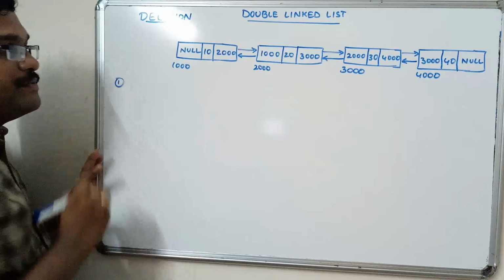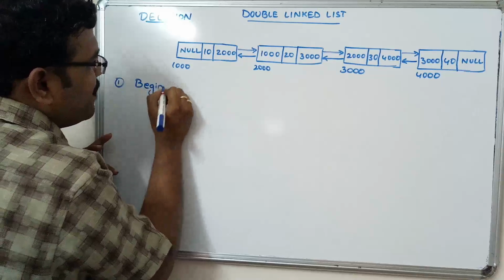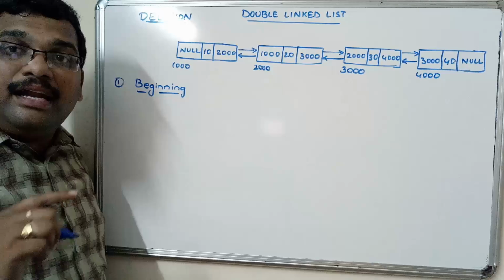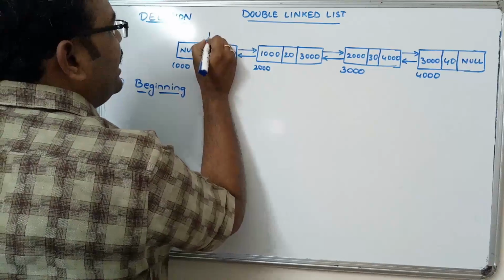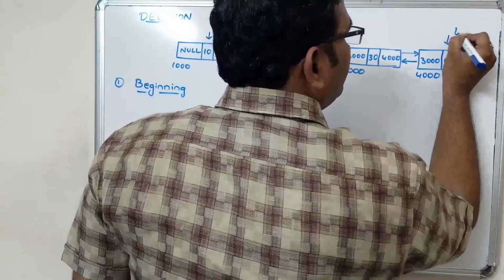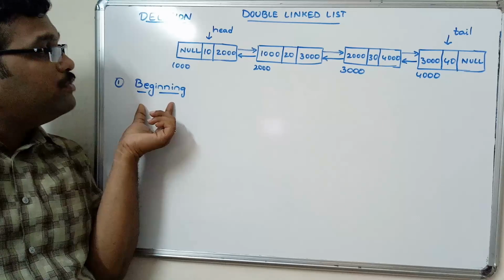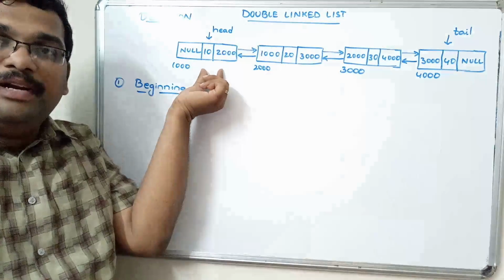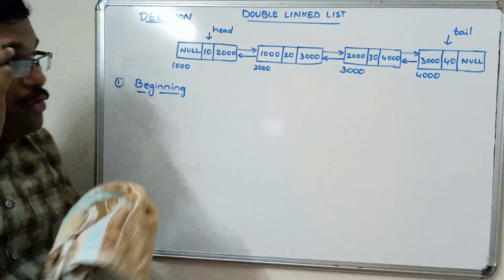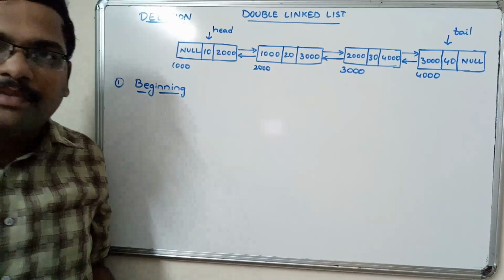So the first case is deletion at beginning. This is the head, this is the tail. If you delete the beginning, which element should be deleted? 10 will be deleted, so we have to disconnect the link between 10 and 20.